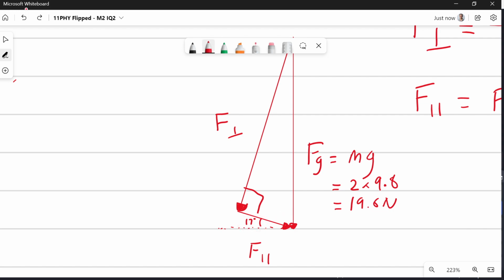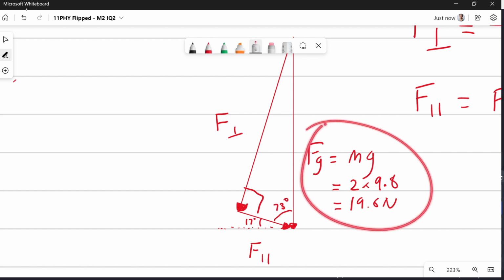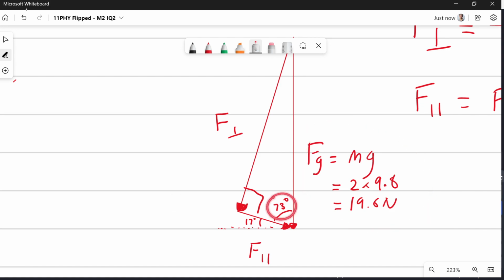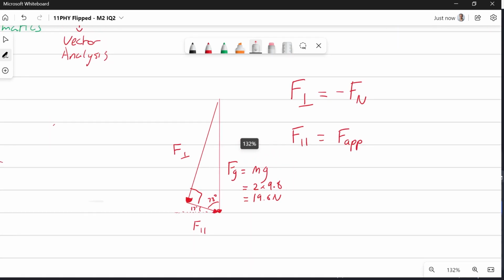And if that's the case, then the angle inside the triangle here is 73 degrees. So now that we have the force of gravity, Fg, the hypotenuse of this right angled triangle, and our 73 degrees here, we have enough information to be able to find our parallel side. We're also going to be able to use it to find the perpendicular side a little bit later when we need it.